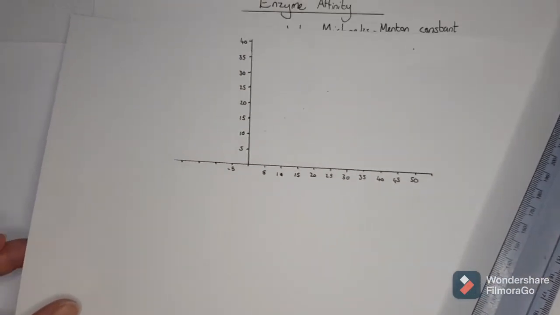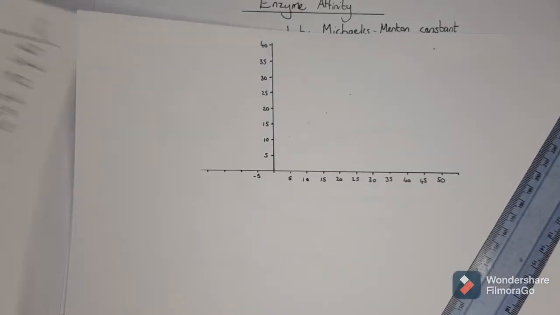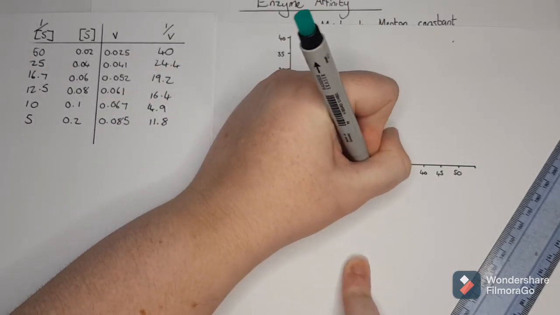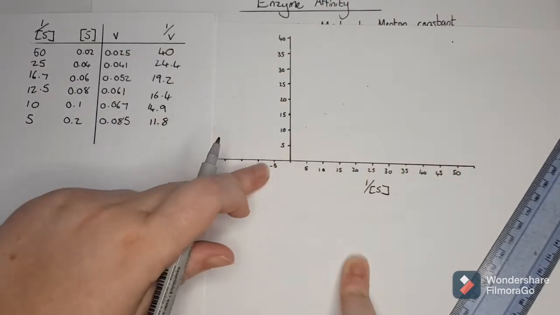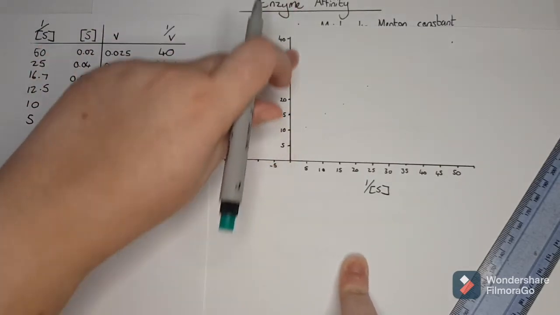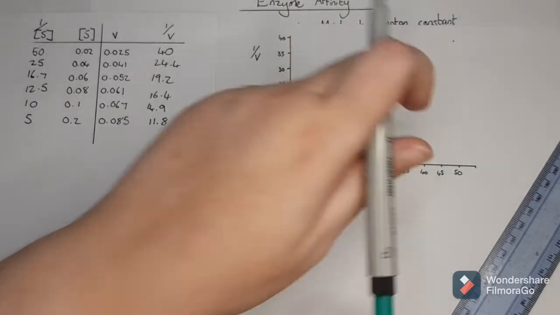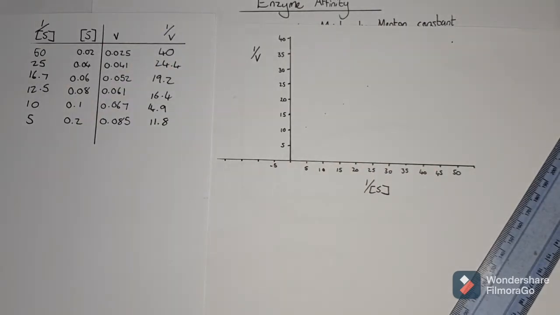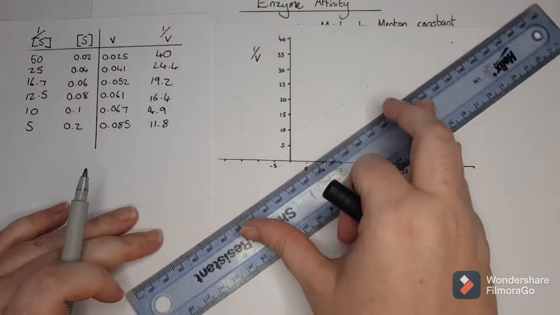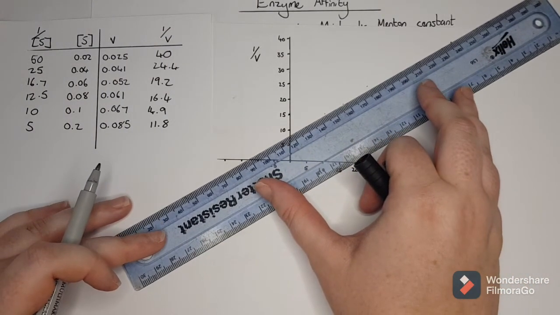So I can plot 1 over the substrate concentration on the x, and 1 over the velocity on the y. And when I plot all those points and join them together with a ruler, I will get a straight line.